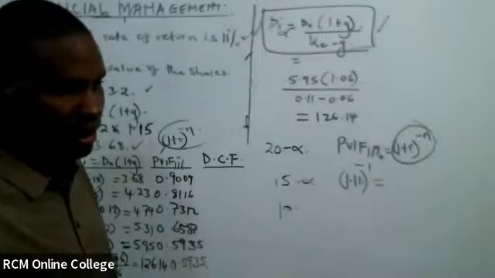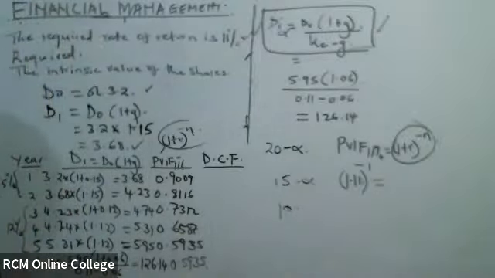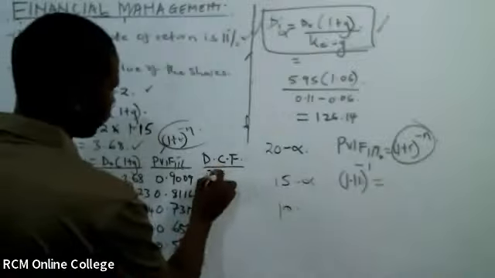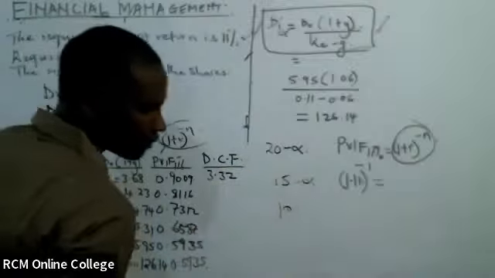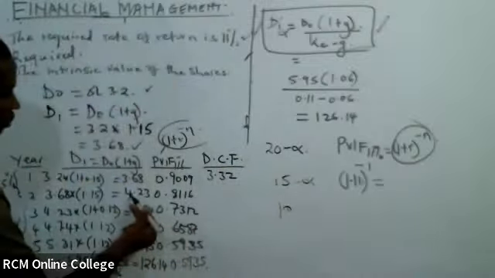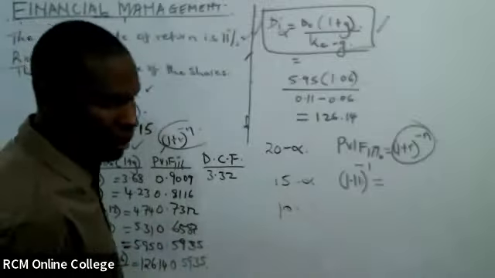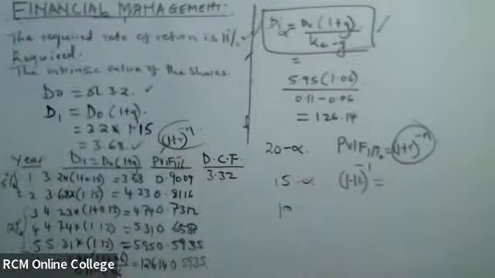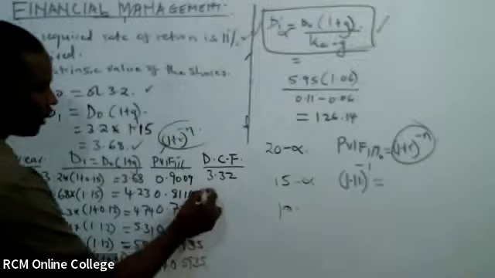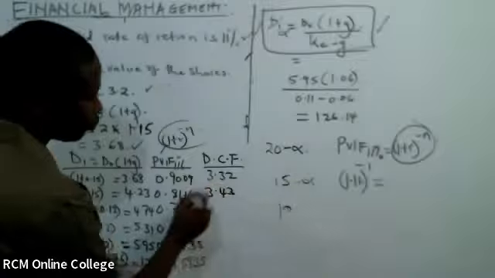Ya kwanza, 3.32. Ya pili, 4.23 times that. Give me ya pili. 3.43.